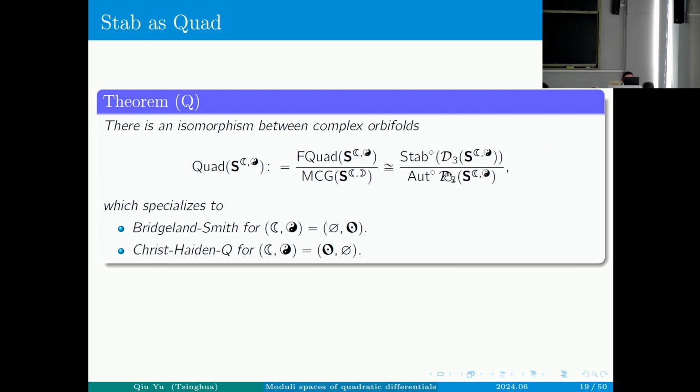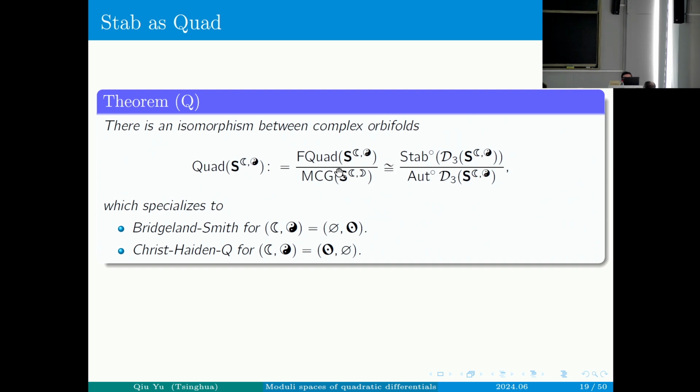So if we start with this surface, previously we said we have this moduli space with partial compactification and orbifolding, blah blah blah.